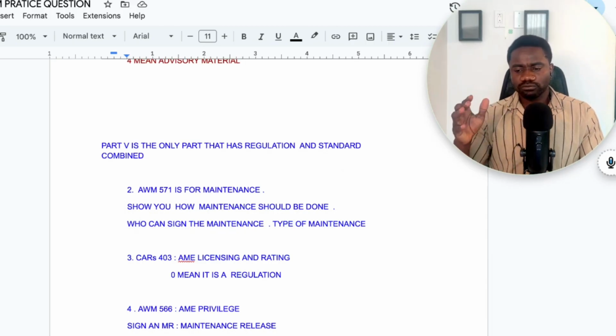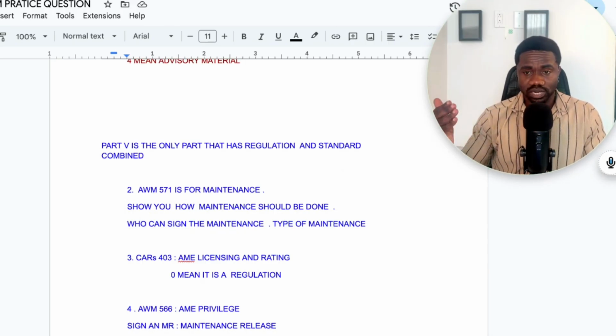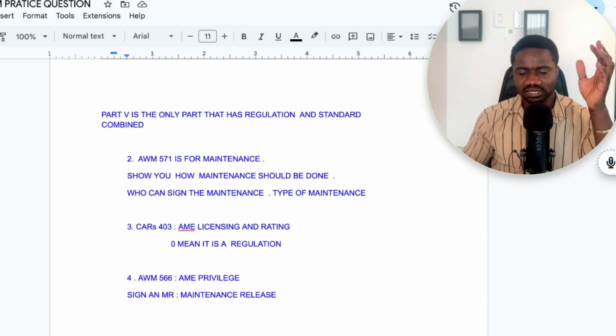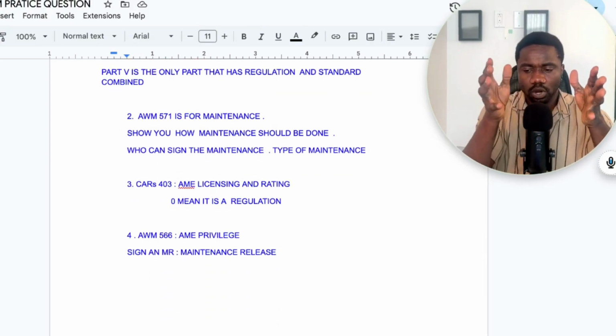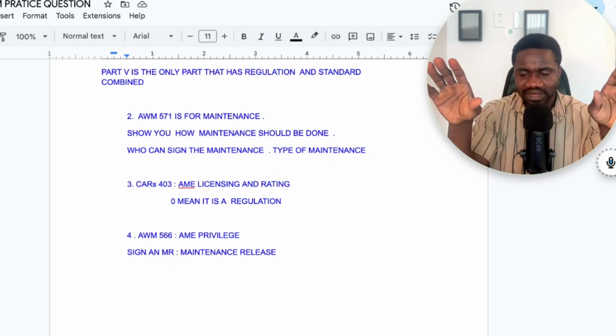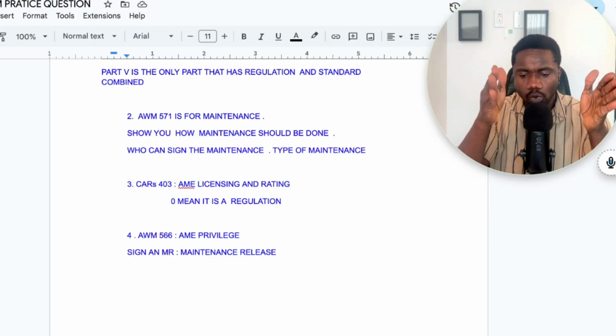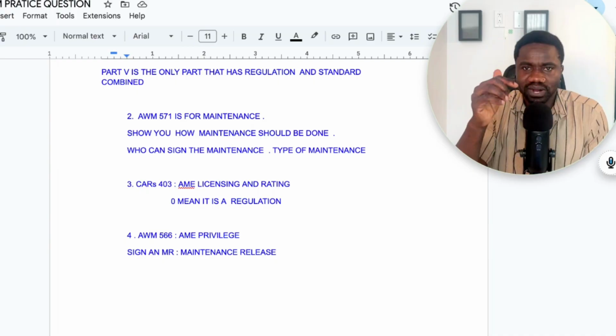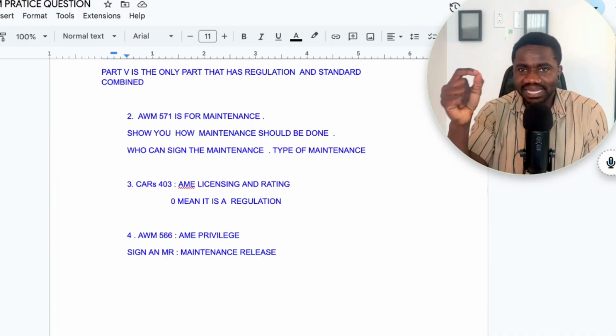We know the first number is 5, so that means it's airworthiness. 571 is focused on maintenance, on how maintenance is meant to be done. Also in 571, you're going to find who can sign a maintenance release.